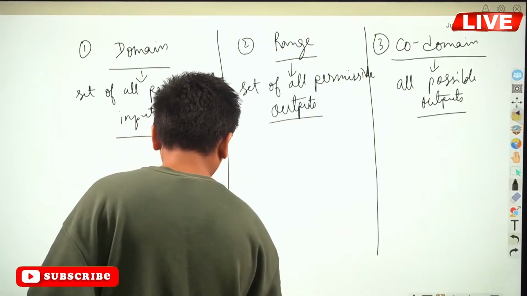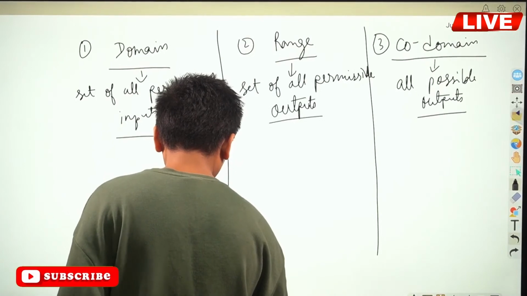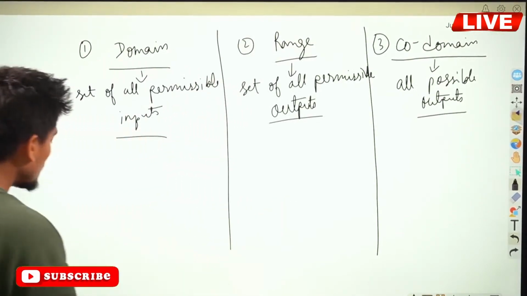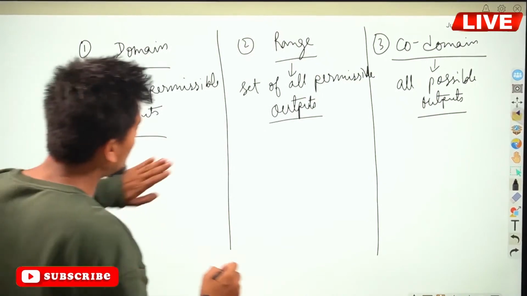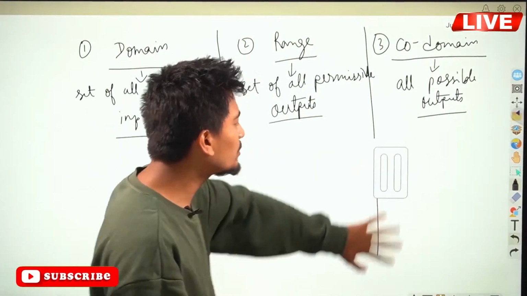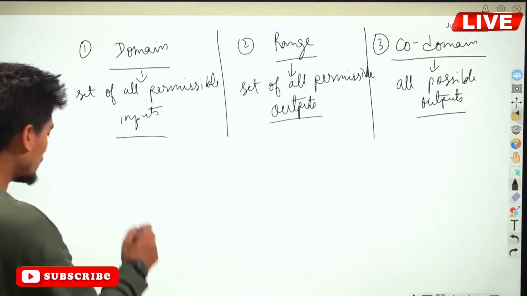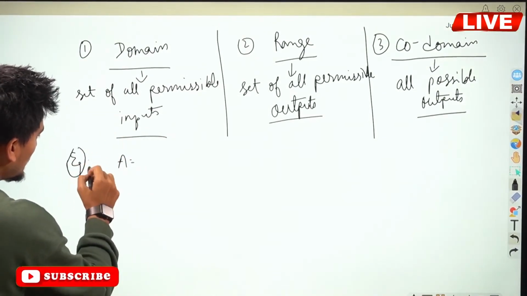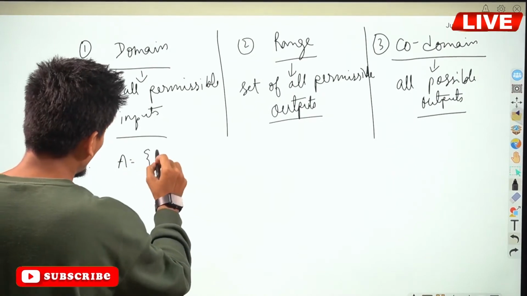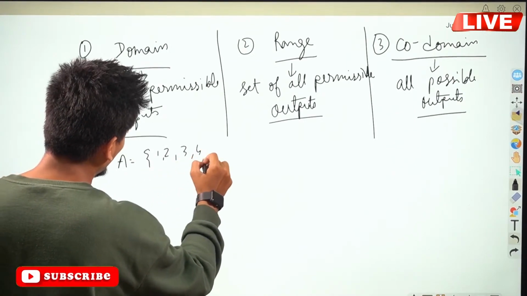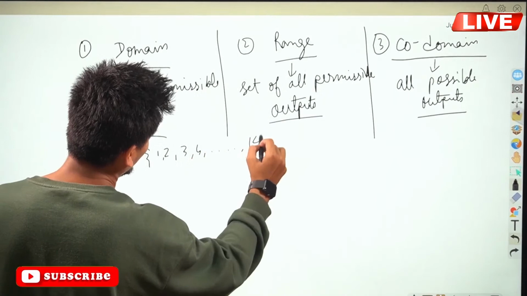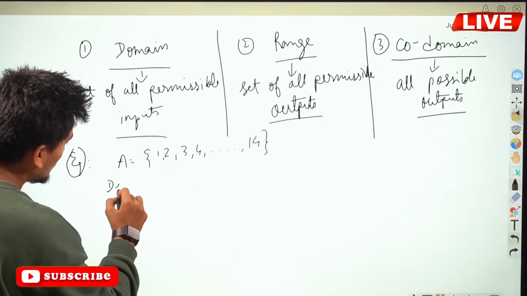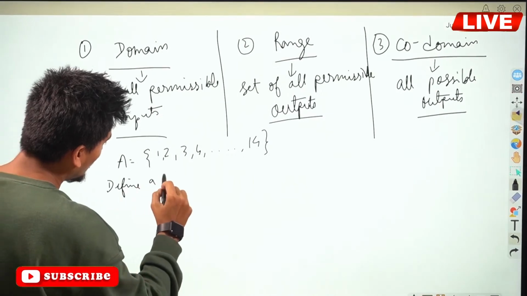So let's take one example. Say we have to define a relation A to A, given that A is equal to 1, 2, 3, 4 up to 14.